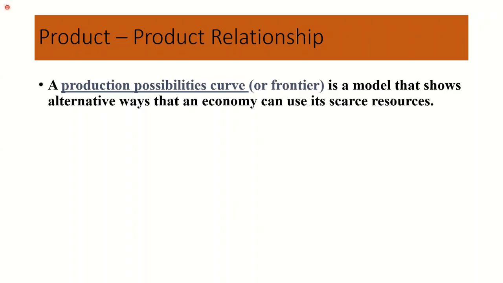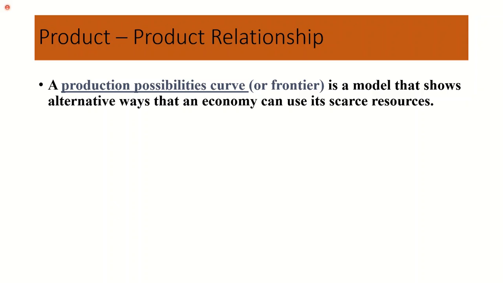Now, although it says economy, we're going to apply this to a firm, but think of the economy, right? Think of the Sri Lankan economy, but we want to decide whether we are going to produce just tea and nothing else, or whether we are going to produce tea and paddy, or tea and any other industrial product.